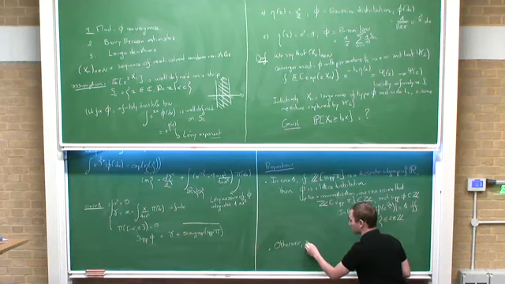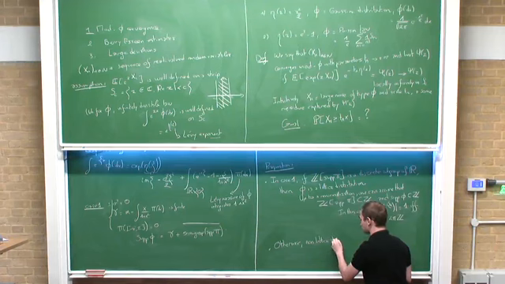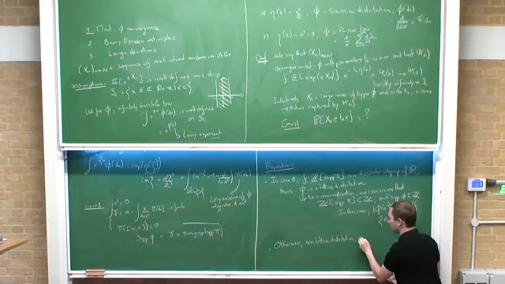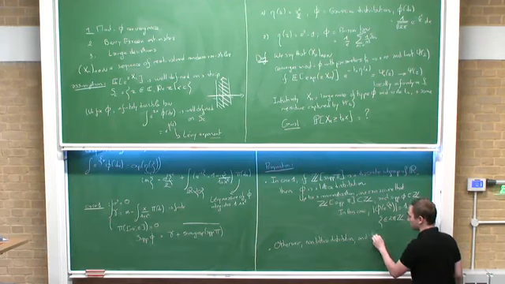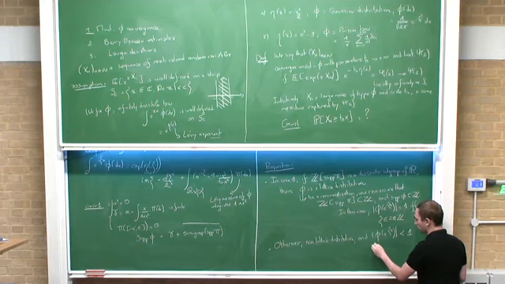So the support of phi is not a lattice, and this is characterized by the fact that phi of exponential i psi x in modulus is strictly smaller than 1 for every psi different from 0.